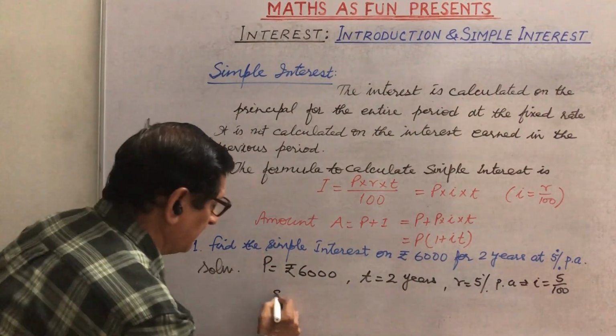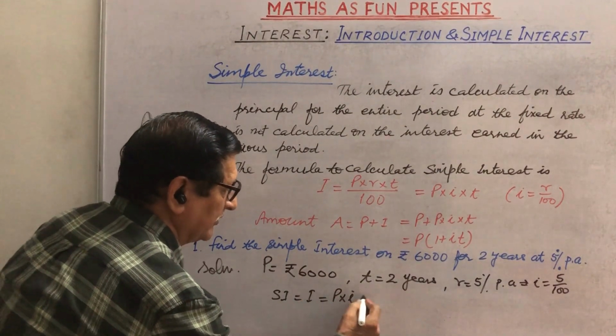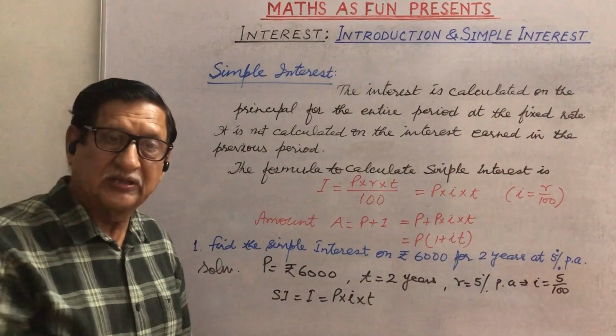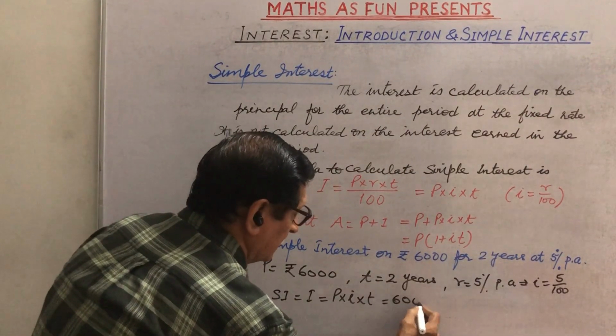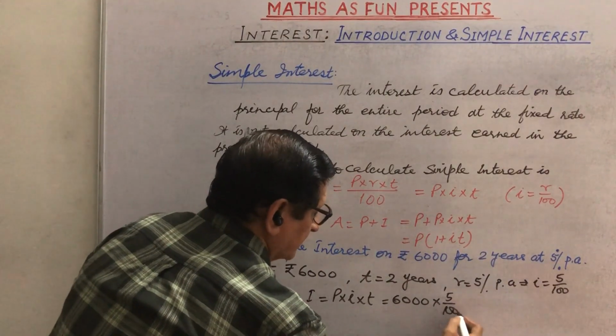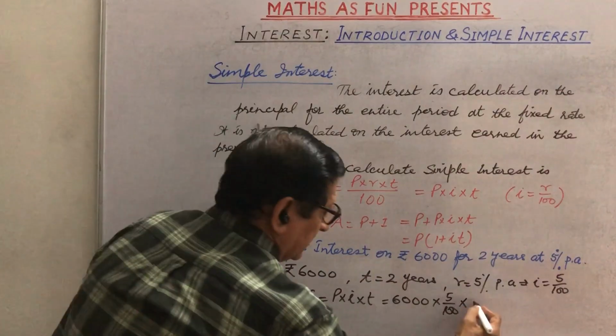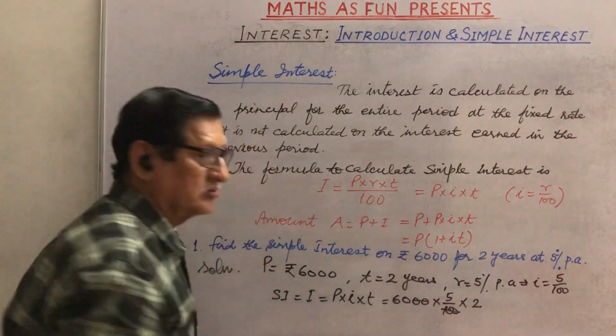Now to calculate the simple interest I, we will have P into I into T. Apply the formula. And then we apply the values: 6,000 into 5 upon 100 into T is 2. This 100 cancels these two zeros.